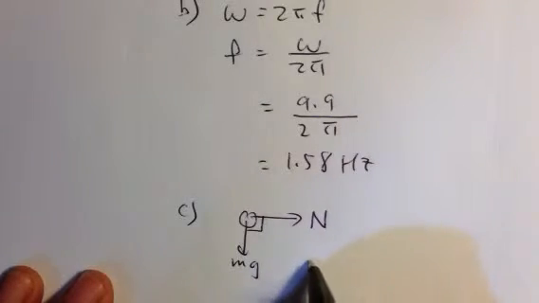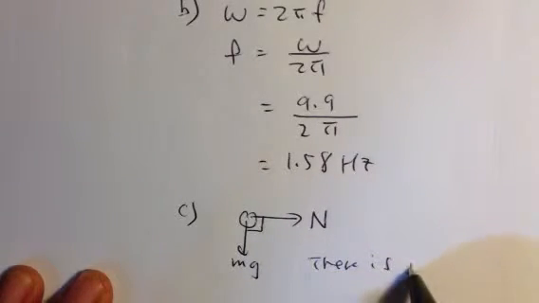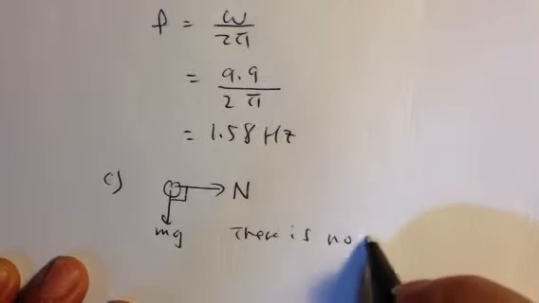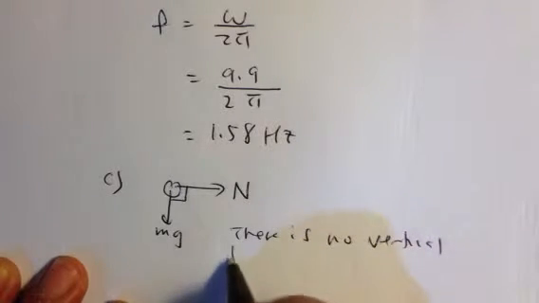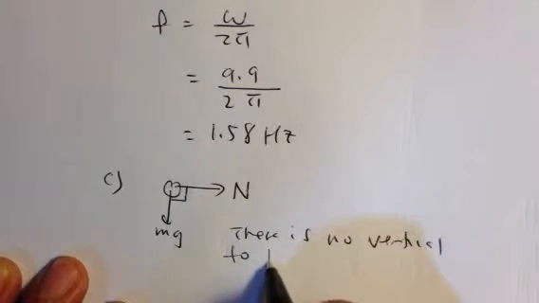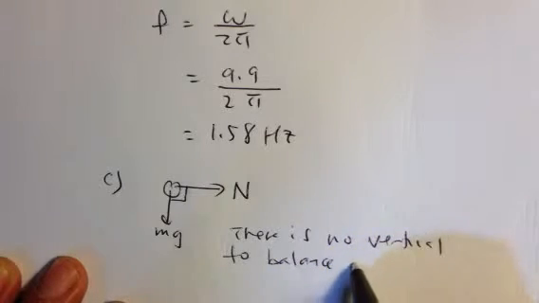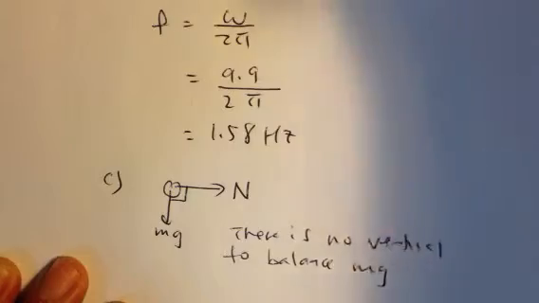There is no vertical force to balance mg, and that's basically the reason.